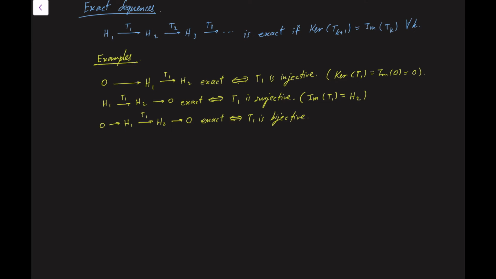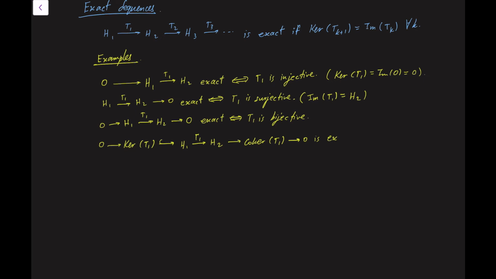A fourth example we can look at is 0 mapping to the kernel of T1, which then embeds into H1, maps by T1 into H2, which maps to the co-kernel of T1, and then to 0.